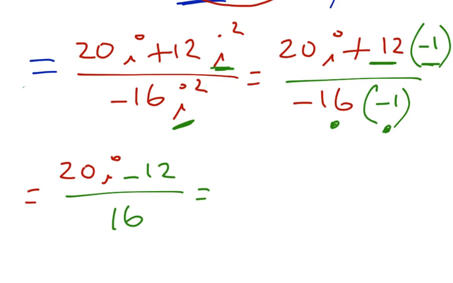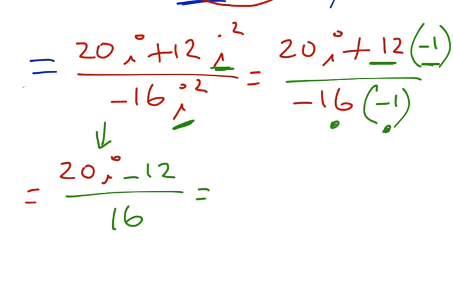Now remember, I want to write my numbers as a plus bi, which means the i has to be at the end. Do I have the i at the end? No. So I need to write it at the end.